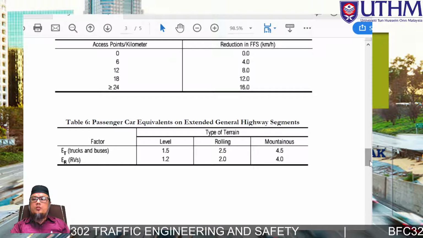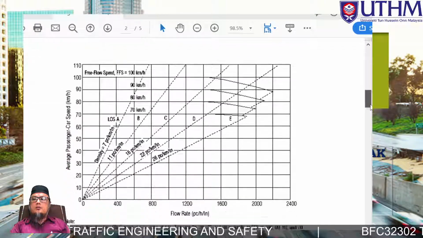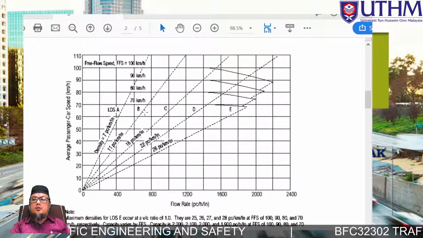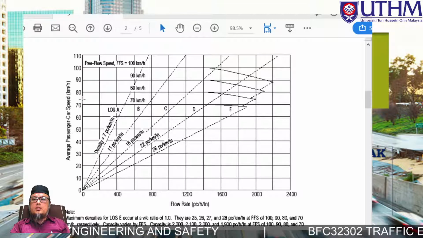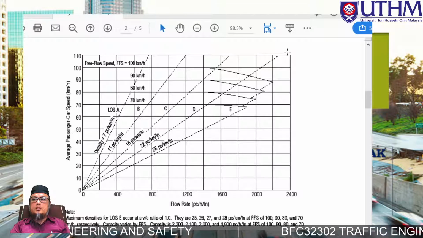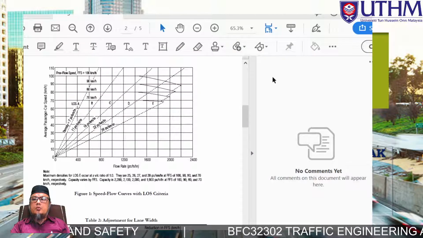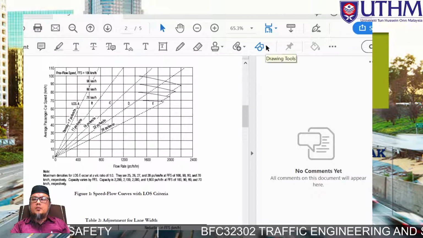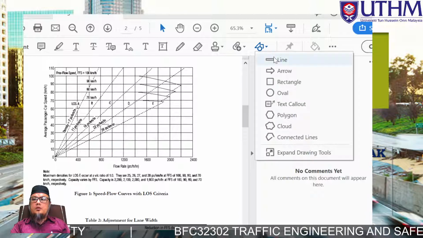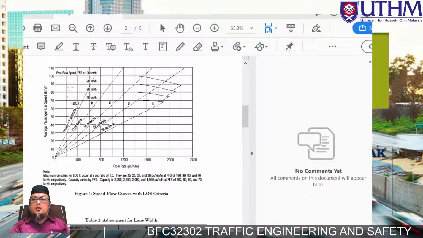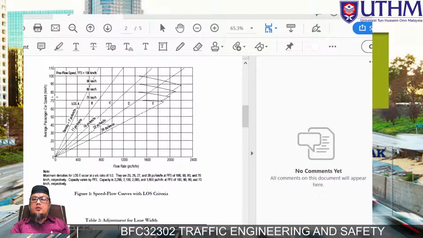Okay, we go back to this particular graph. Okay, here. So we have speed at 76. Okay, if I can use the comment section, I think I can use it. Okay, now we have 76 here.